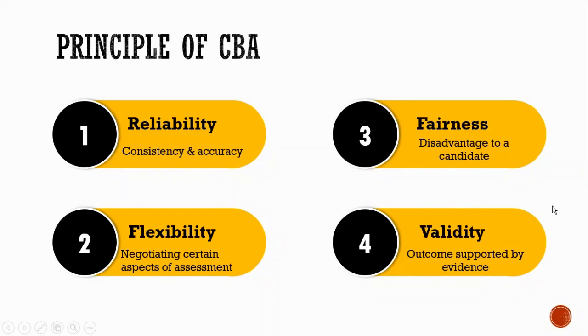Here we are looking at assessment outcomes needing to be supported by evidence. So if you're saying somebody is competent, then which evidence did you collect? Are they valid? Are they sufficient? So you're going to look at rules of evidence. It's very important to understand those principles: reliability, flexibility, fairness, and validity.